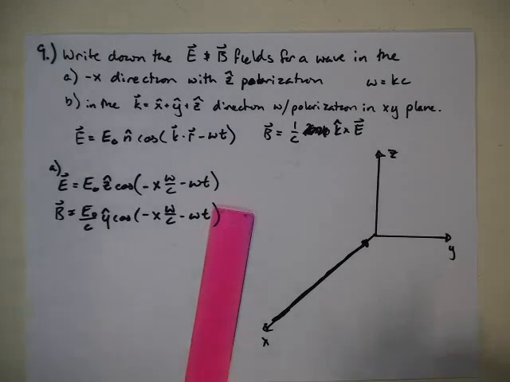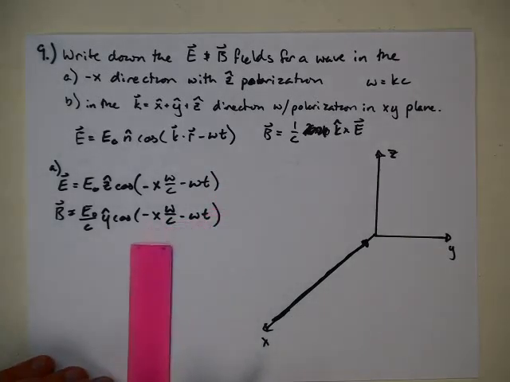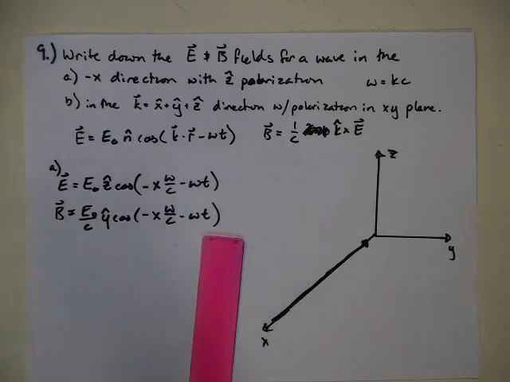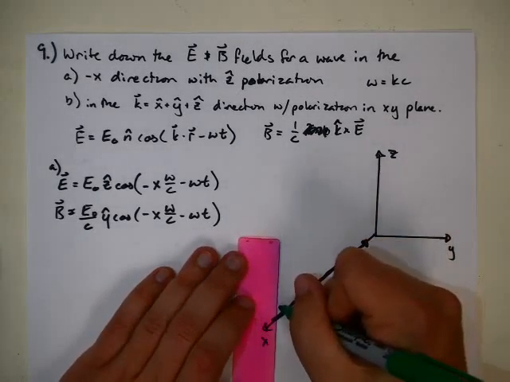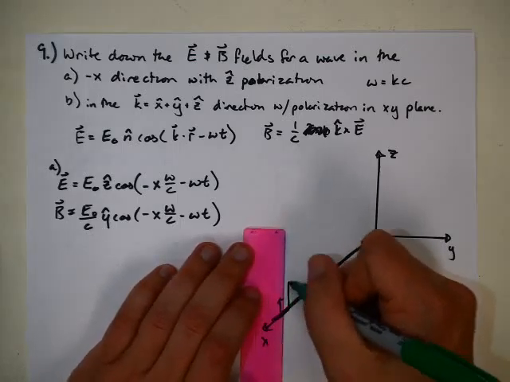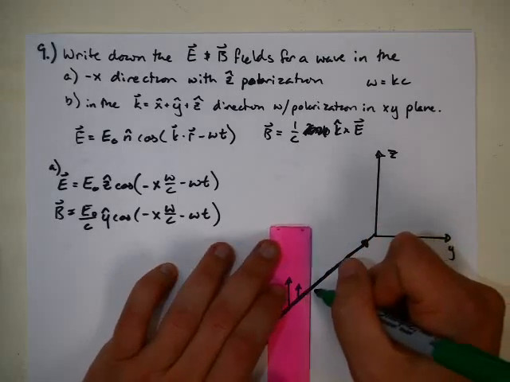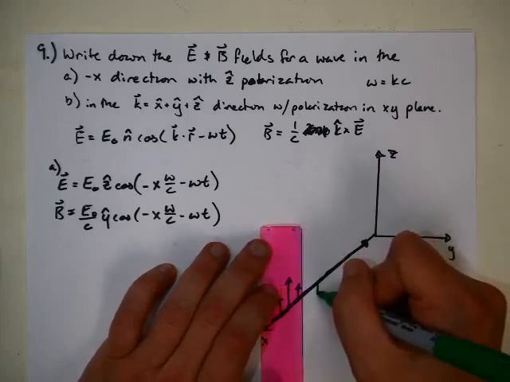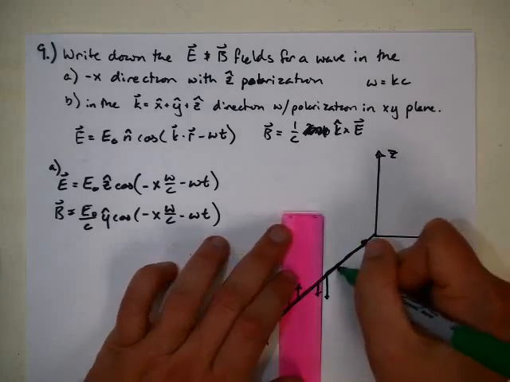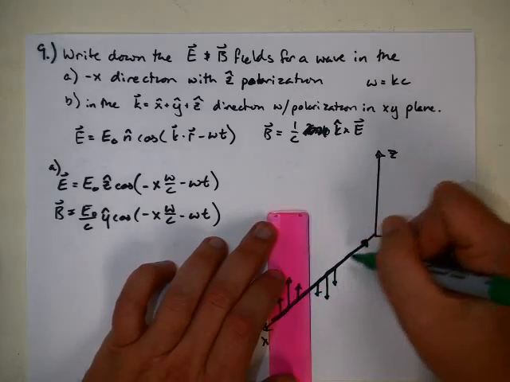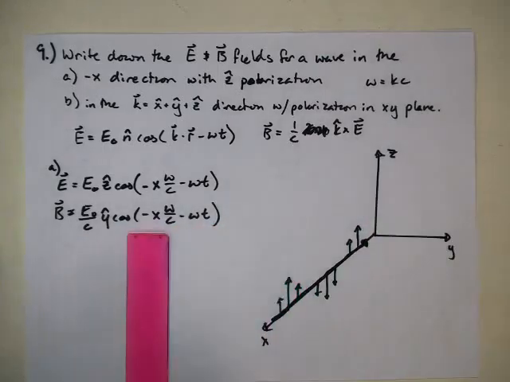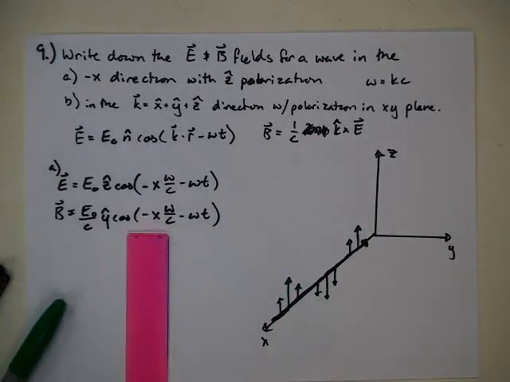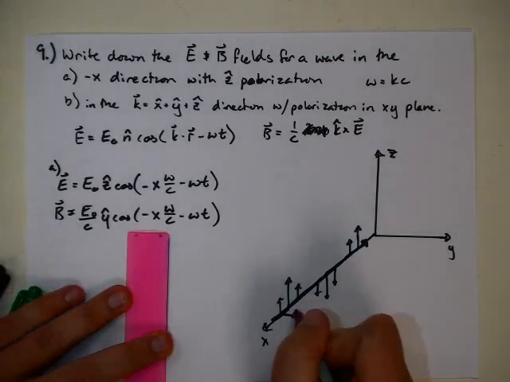And so I'm going to start drawing my wave along the x-axis, but in that direction. The E field, which I will draw in green, is in the z hat direction, so I'm going to draw the E field kind of in a sine wave here. And then the B field is in the positive y direction. I'm going to draw the B field in that same type of sine wave.